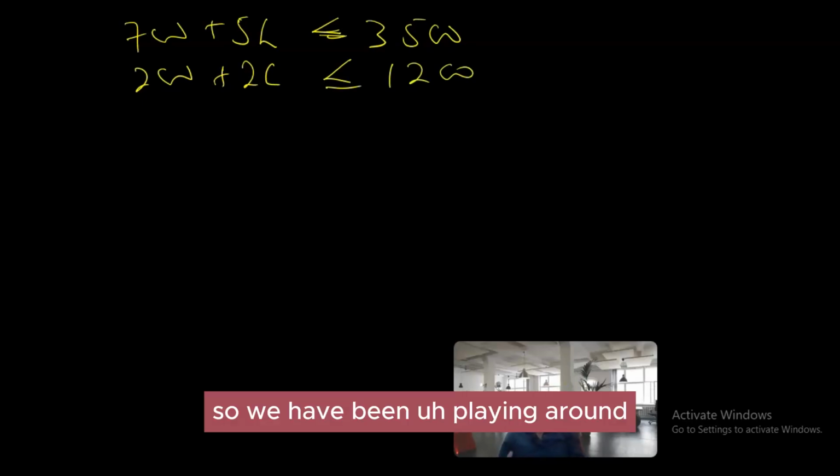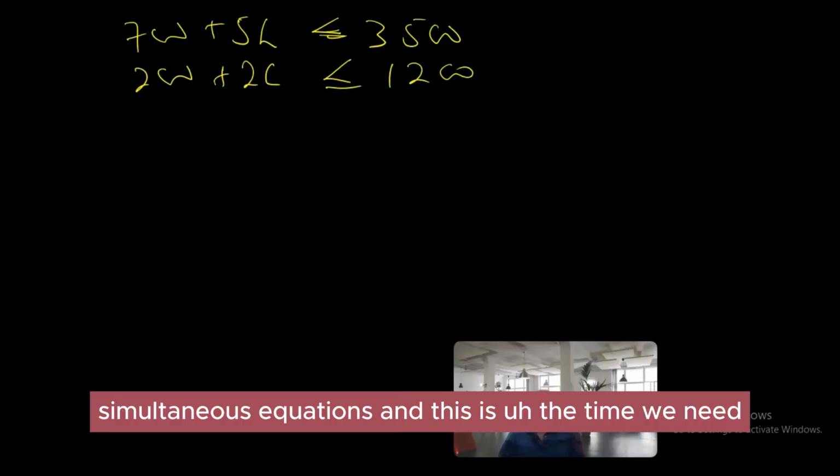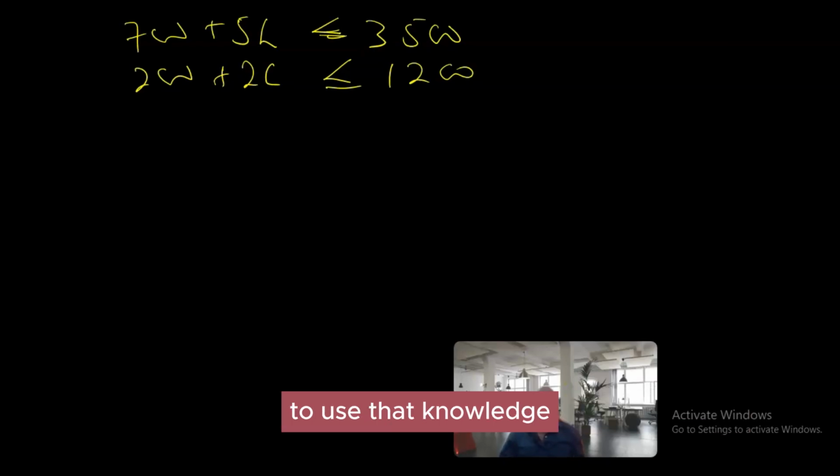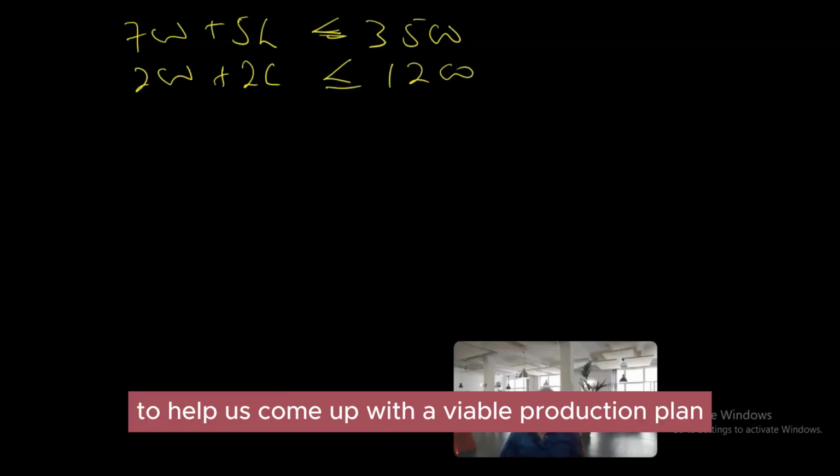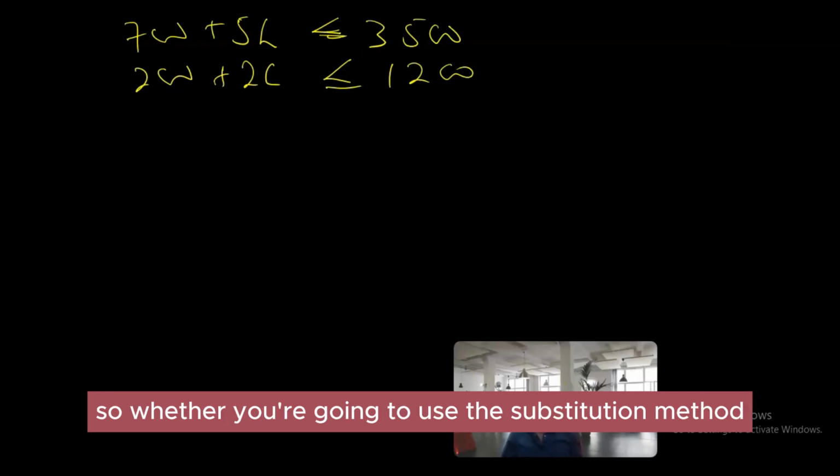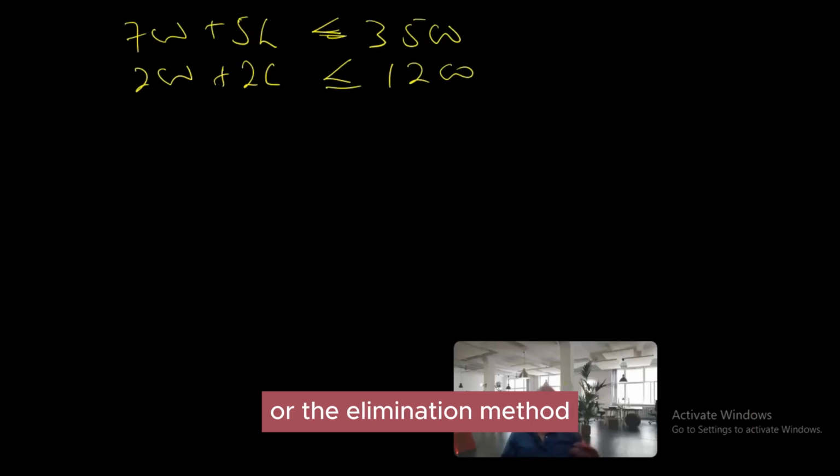So we have been playing around with simultaneous equations, and this is the time we need to use that knowledge to help us come up with a viable production plan. Whether you use the substitution method or the elimination method, that's your own business.